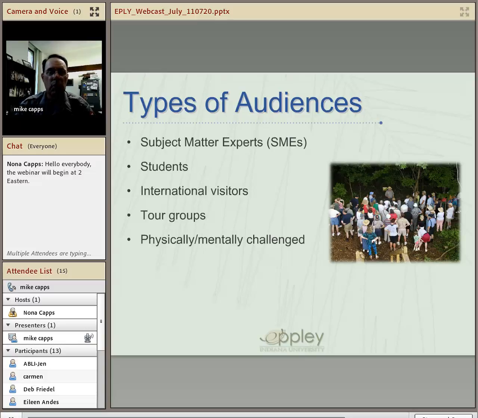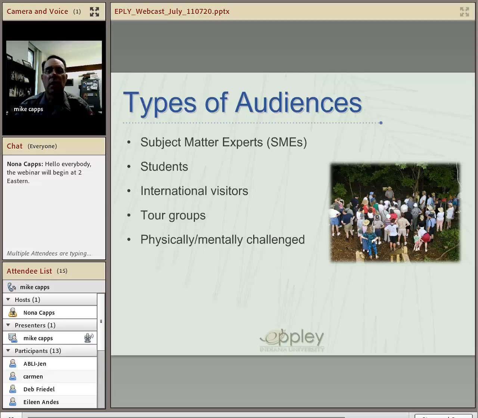I think we've all dealt with school groups pretty heavily. For us here, between about mid-April and Memorial Day, that's pretty much all we do, are school field trips. International visitors, other types of tour groups, these can be like your senior citizen bus tours, that type of thing, and other types of groups, physically or mentally challenged individuals.